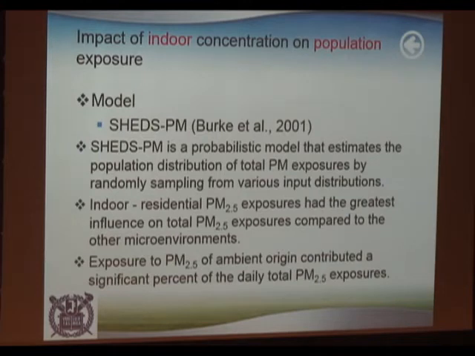One is a modeling approach. It was a probabilistic model to estimate the population distribution of total PM10 and PM2.5 exposure by randomly sampling from various input distributions. This kind of model requires many measurements in various environments, which are then put together with personal behavior to understand the concentration of population exposure, and also the contribution from various sources.